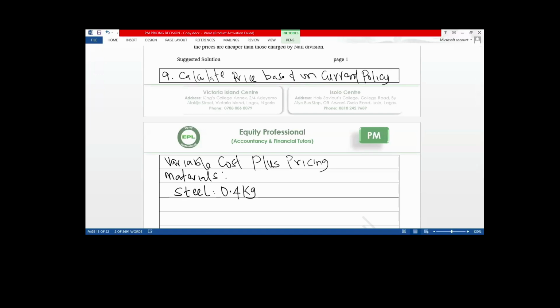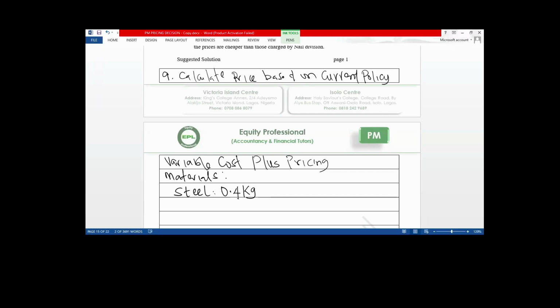That means if process loss is 5%, and the total material must be 100%, 100% minus 5%, the actual material used for production is 95%. This 0.4 kg represents 95%.